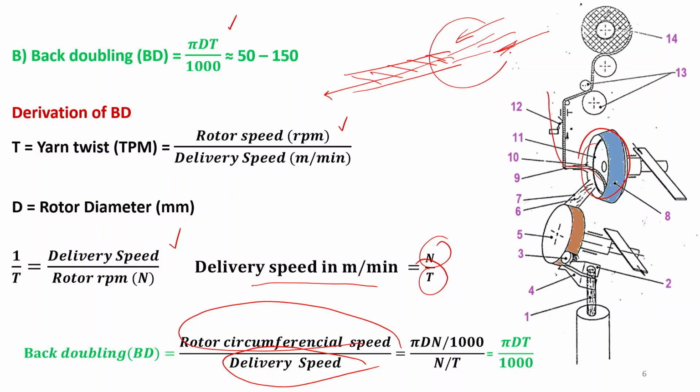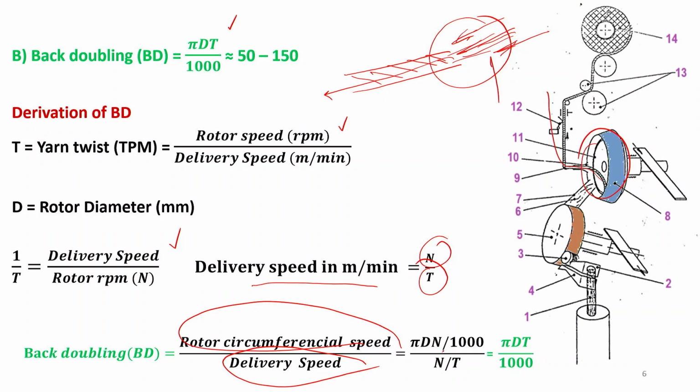This ratio is the back doubling. The speed at which fibers are being joined at the yarn tail is equal to the rotor circumference speed. So, back doubling is nothing but rotor circumference speed divided by delivery speed of yarn.